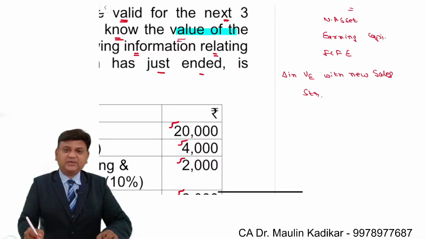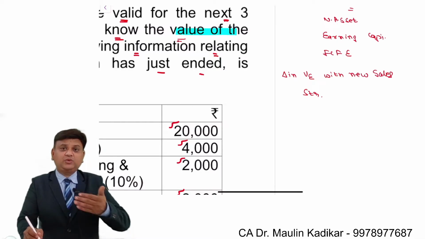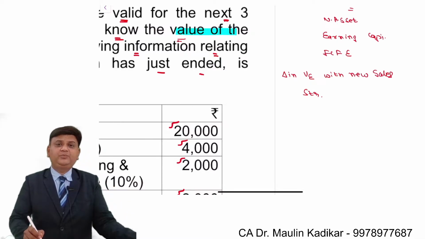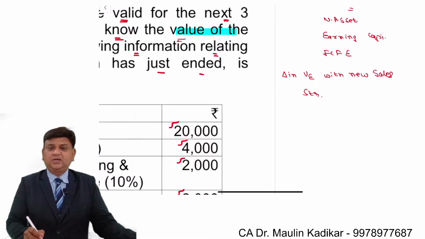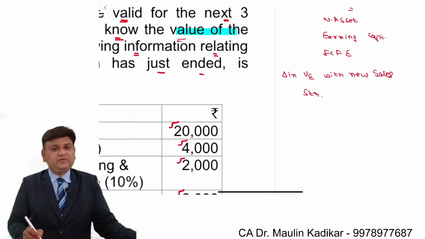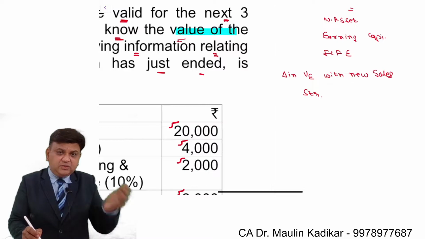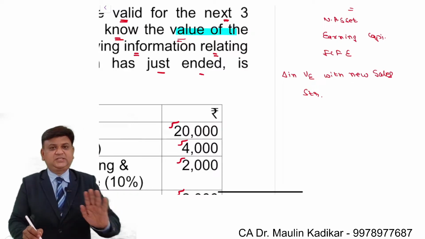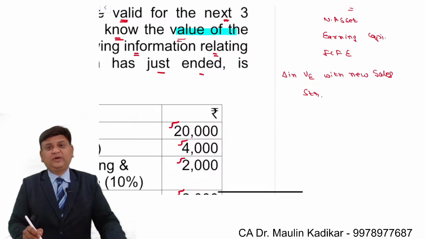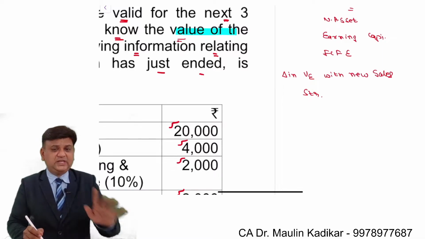This is the way you have to understand it. You have to compute what is the difference between the value of the equity with new sales strategy and existing? That is what we are required to calculate. This is the first thing that I want to tell you.